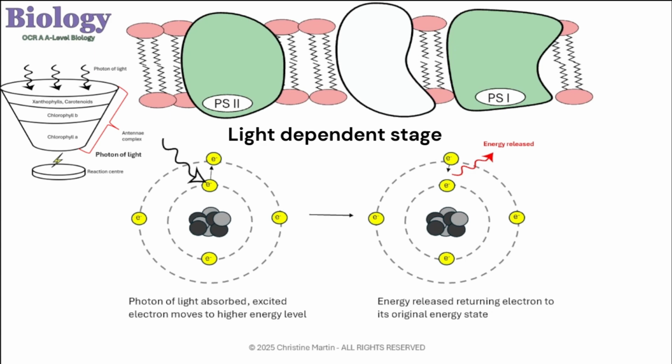Once at the reaction center, the chlorophyll A molecules can donate their excited electrons to the electron transport chain, initiating the process leading to ATP and reduced NADP formation. So a photon of light gets absorbed, excited electrons move to a higher energy level, and energy is released as those electrons return down to their original energy state.